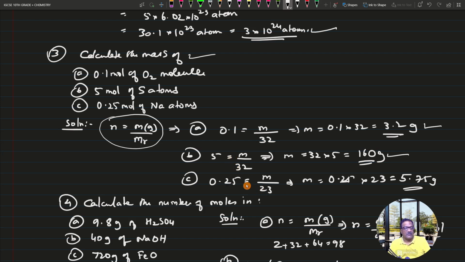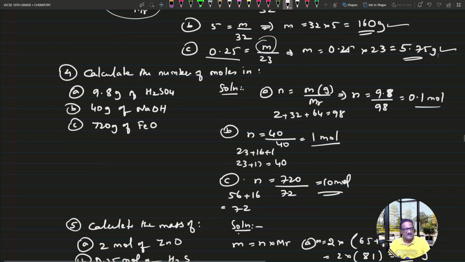Now what is the mass of this 0.25 mole of sodium atom? So n you will take as 0.25, m you will keep as it is, upon 23, the AR value of sodium. So 23 into 0.25 works out to 5.75 gram. This is the mass of 0.25 mole of sodium atom.